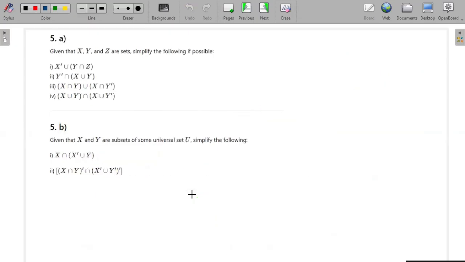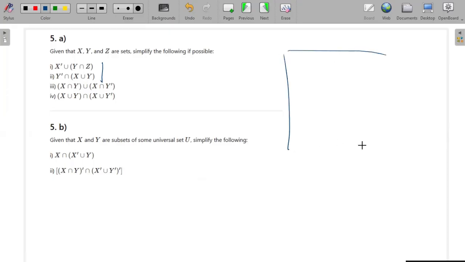And okay, we do this. So this last part here, we're saying X, Y, and Z, and they're telling us to simplify this as far as we can.